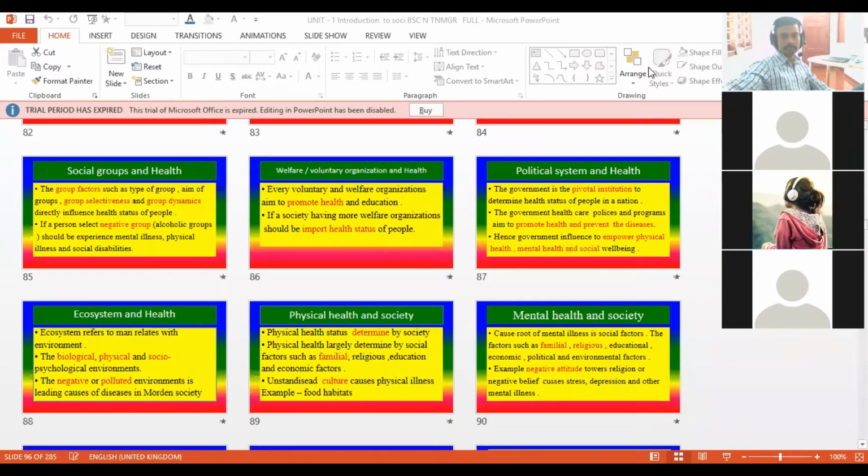Anjana Krishna, Silpa, present today? Yes, sir. Can you explain, talk about religion versus health?